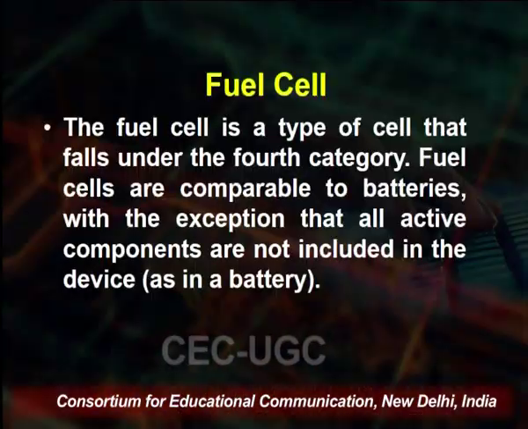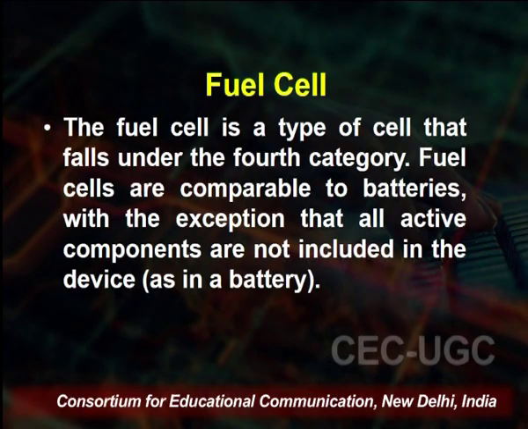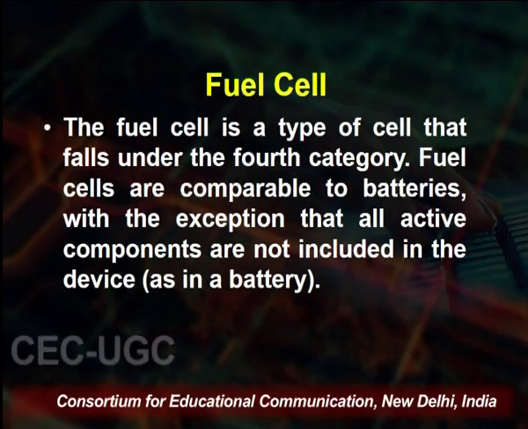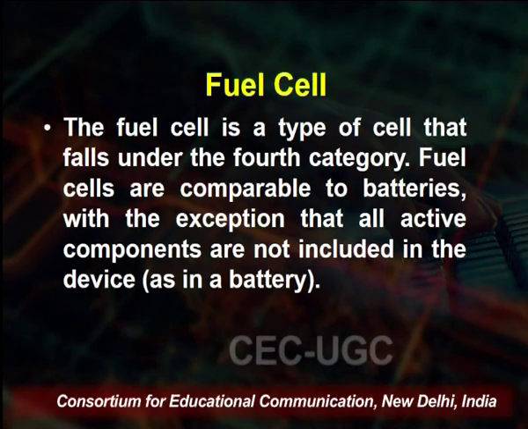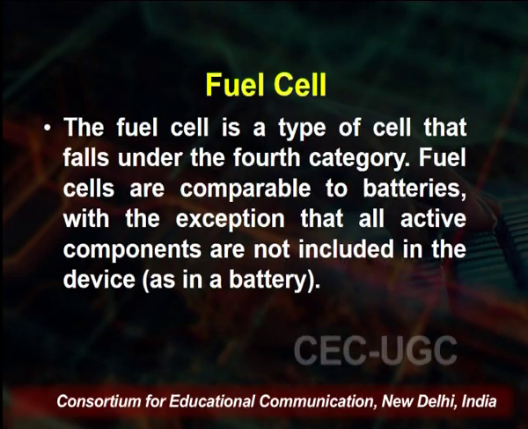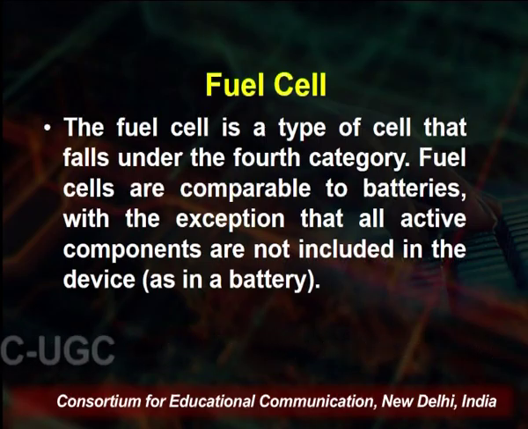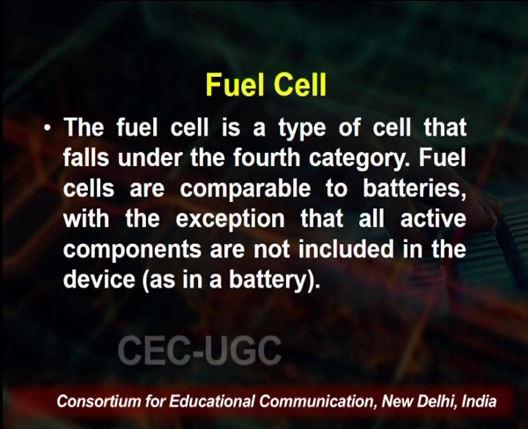So the fuel cell is a type of cell that falls under the fourth category of cells. Fuel cells are comparable to batteries, with the exception that all active components are not included in the device as we include in the battery.